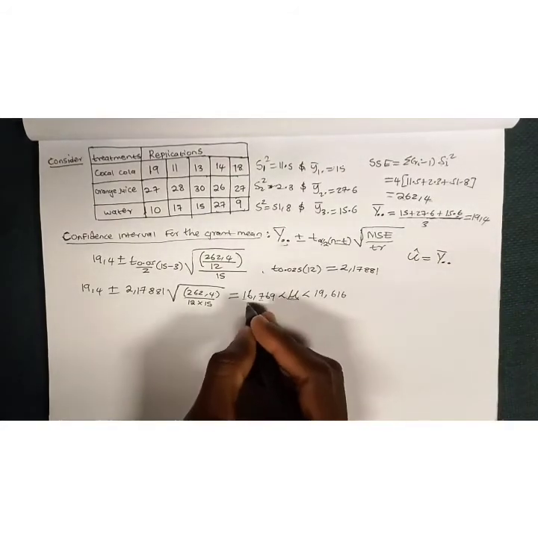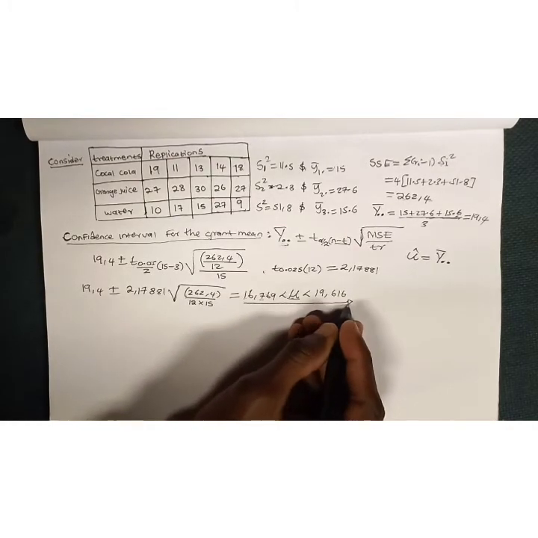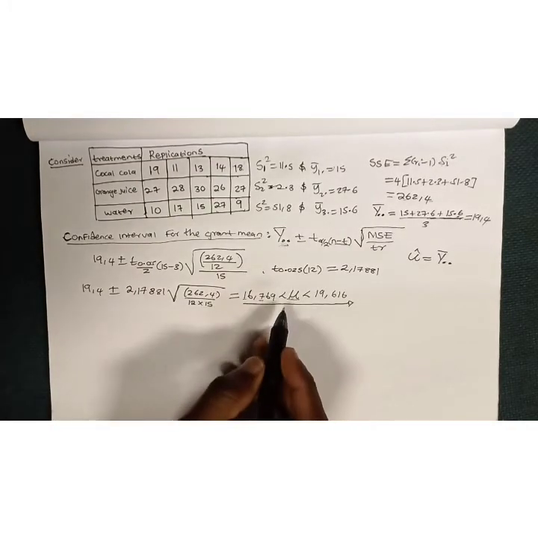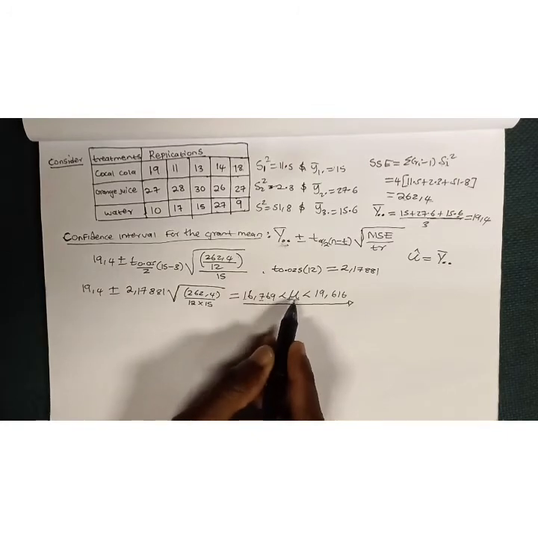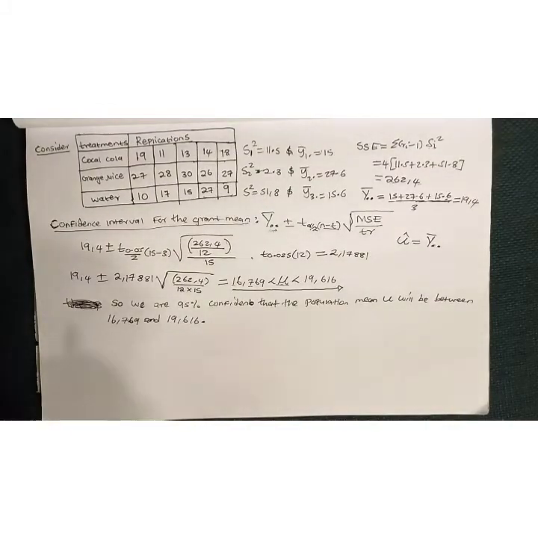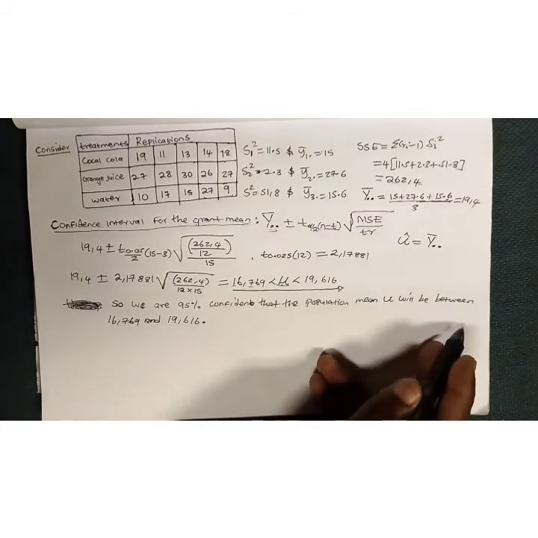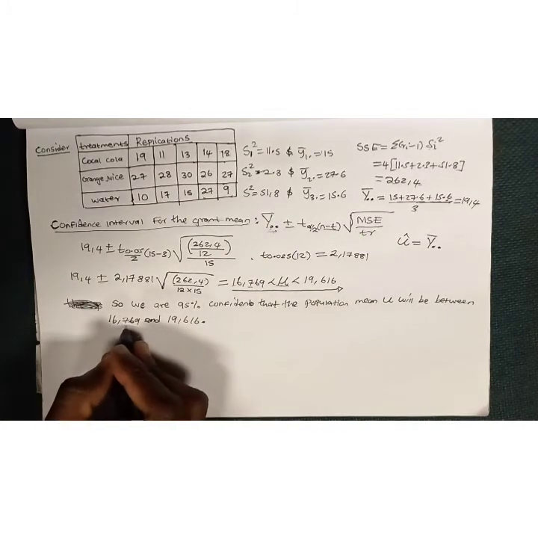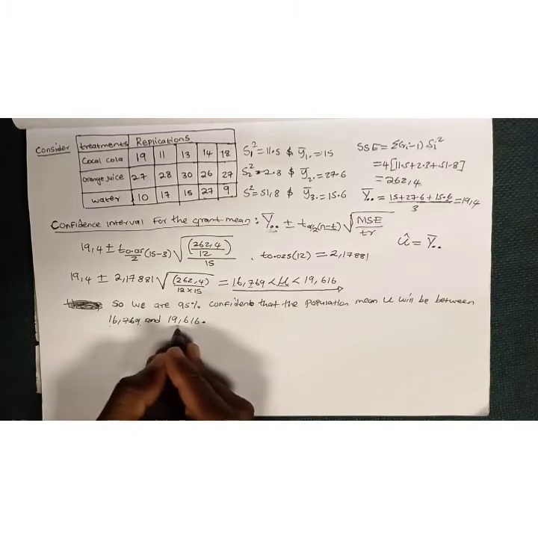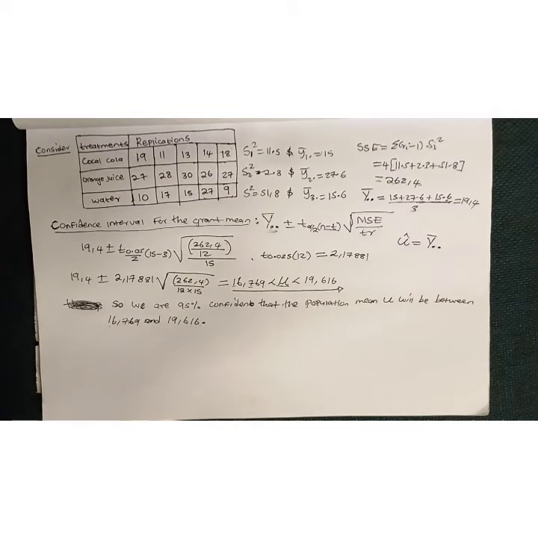So this is the confidence interval for the grand mean. We're assuming our population mean will be between this value and this value, and that's how we conclude. So we are 95% confident that the population mean will be between 16.769 and 19.616. So this is our conclusion on the grand mean. Hopefully you understood.